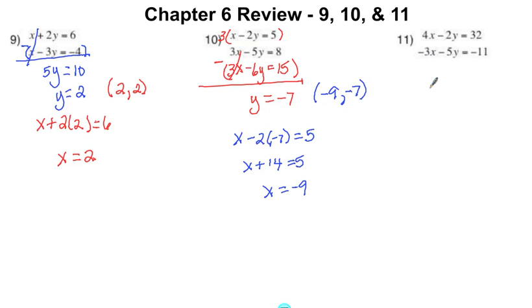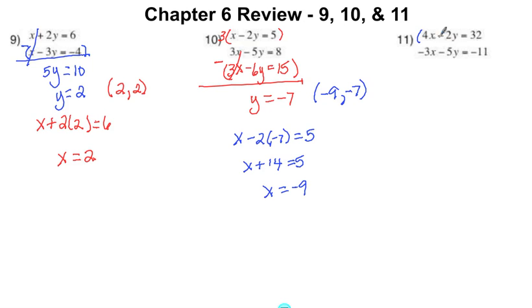Okay, number 11. Same thing. I'm looking for something that will drop out. And this time I cannot easily multiply just one to get to the other. So I'm going to multiply both. And in this case, I'm going to multiply my x's. If you wanted to multiply your y's, multiply the top by 5, bottom by 2.